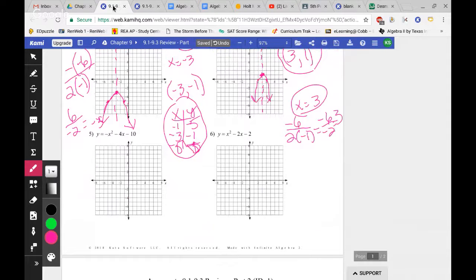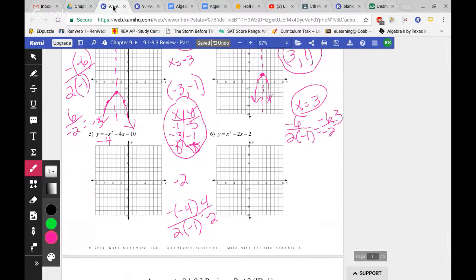All right, on this one, the opposite of -4 over 2 times -1. So the opposite of -4 is +4 over -2, which would give us a -2. And then when you plug that -2 back into the equation, you've got the opposite of -2 squared, which is -4.